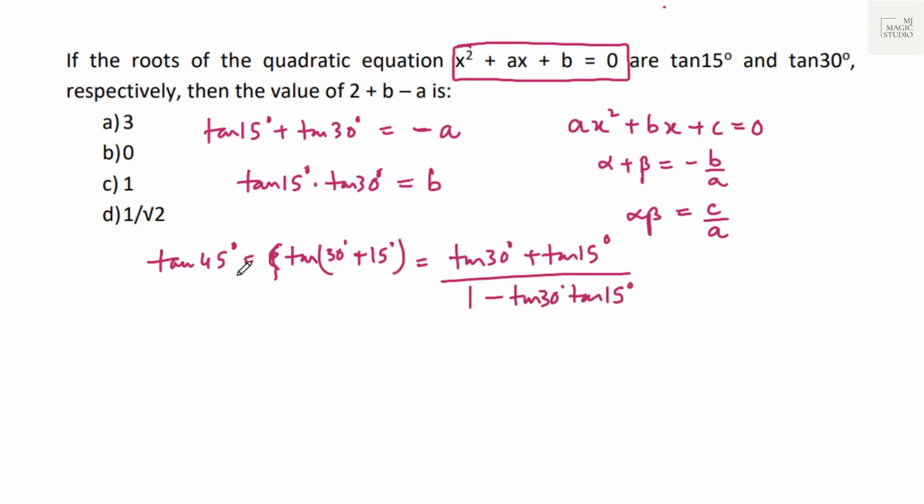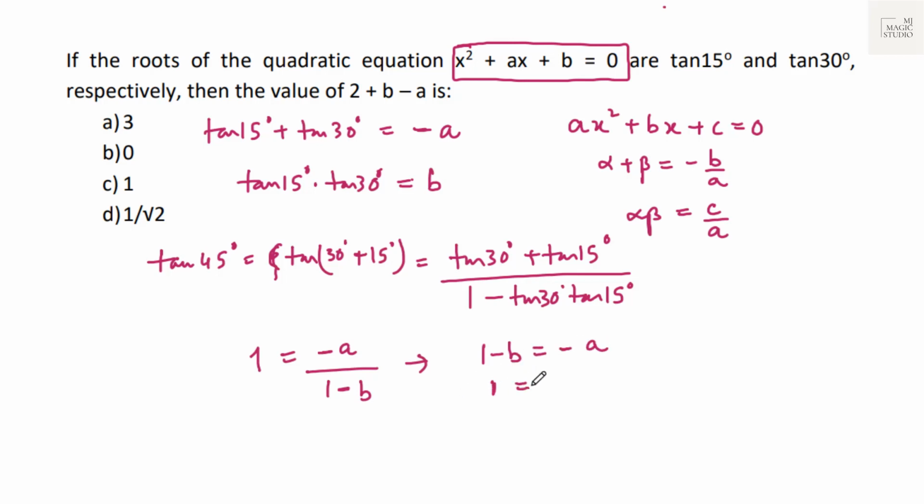Now why have we picked tan 45 degree? Because it's the easiest value to remember for tan. Tan 45 degree is 1. So 1 equals tan 30 plus tan 15 degree, which is minus a, upon 1 minus tan 30 into tan 15, which is b.